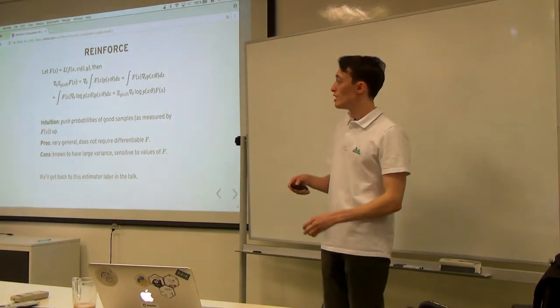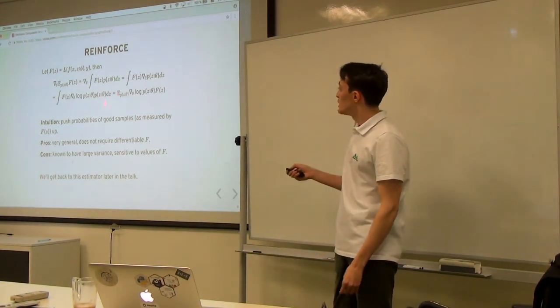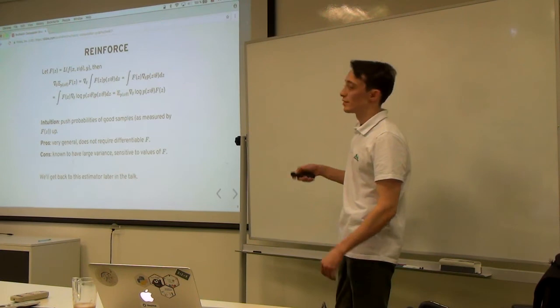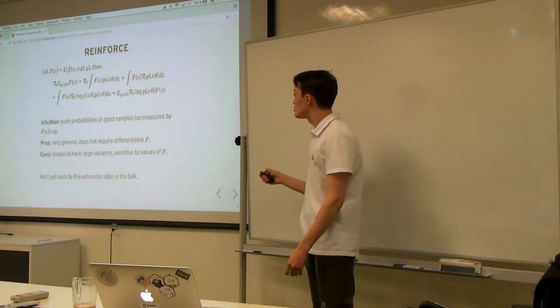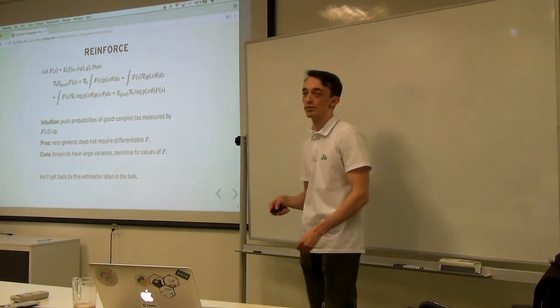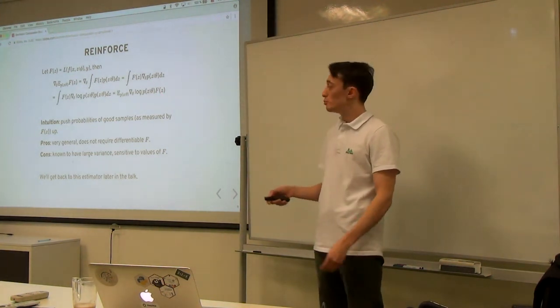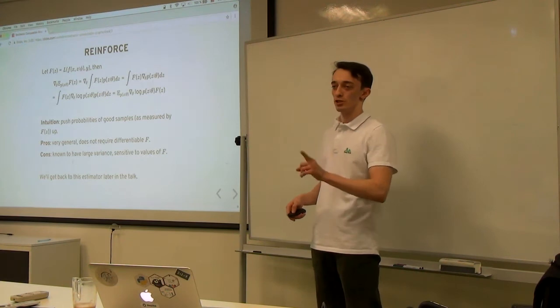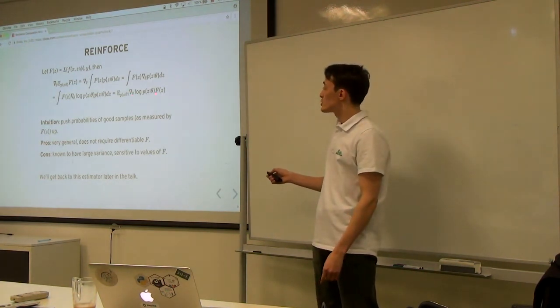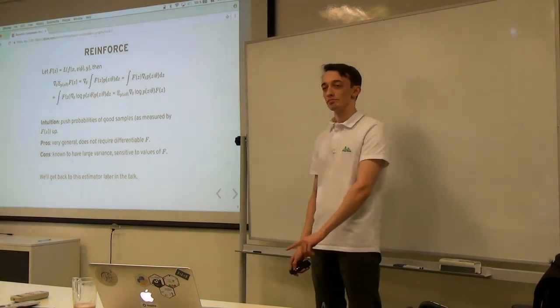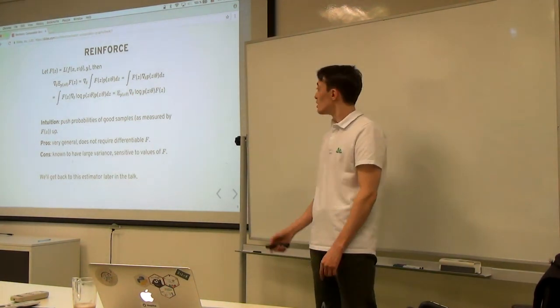It's bad because of positive samples. Suppose you have a pretty bad pi that puts a lot of weight on samples that lead to poor value of f. Then if you use just one sample and that sample is bad, you will go in the direction that maximizes this sample's probability.